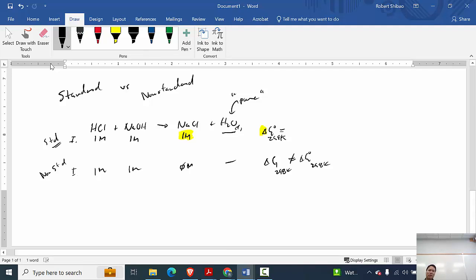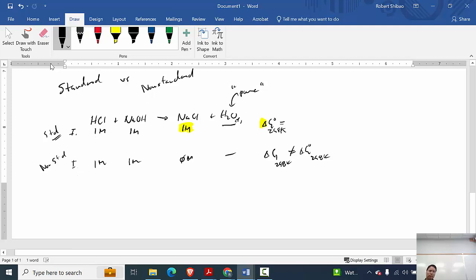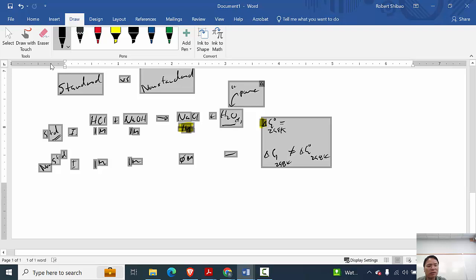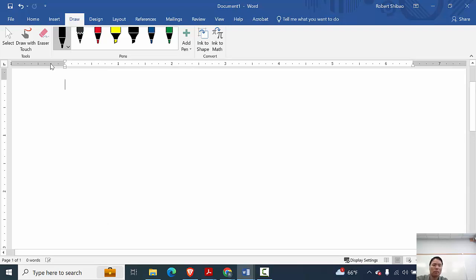So having it under standard conditions means appendix D is not out of control. But we want to know how to handle non-standard conditions.